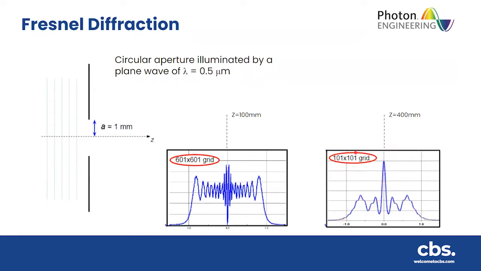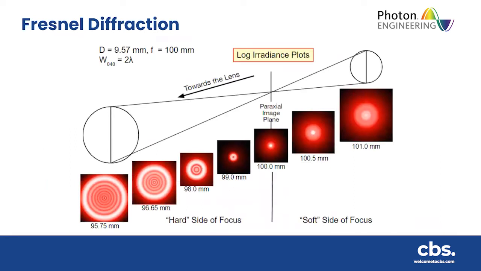Also note that I only needed a 101 by 101 grid if I wanted to save a little bit of calculation time, because the pattern is a little bit simpler. But certainly Fresnel diffraction is also an option that's possible. Here's just another example of Fresnel diffraction in Fred. Around the image plane, on the soft side and the hard side, towards the lens or further away from the image plane, Fred can easily calculate a simple series of Fresnel diffraction patterns.